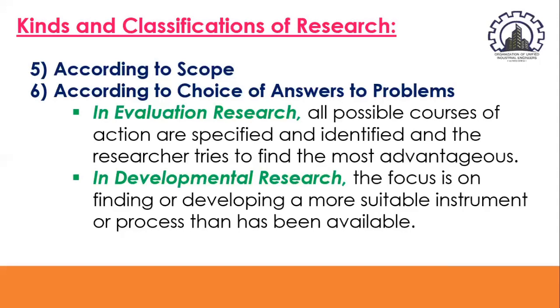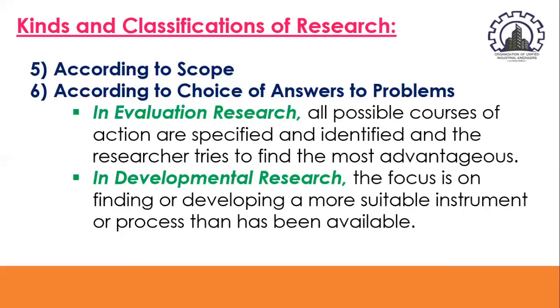Another kind of research is according to choice of answers to problems. Ackoff divides research that is concerned with finding answers to problems into evaluation and developmental research. In evaluation research, all possible courses of action are specified and identified, and the researcher tries to find the most advantageous.